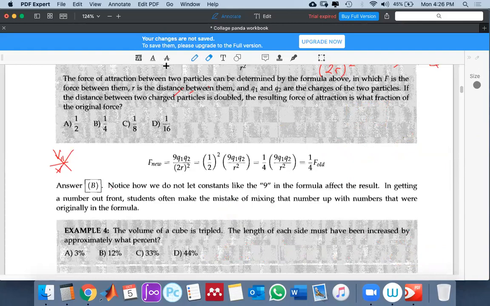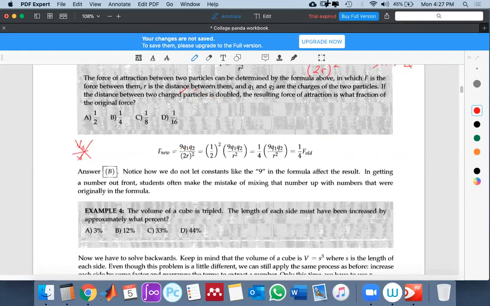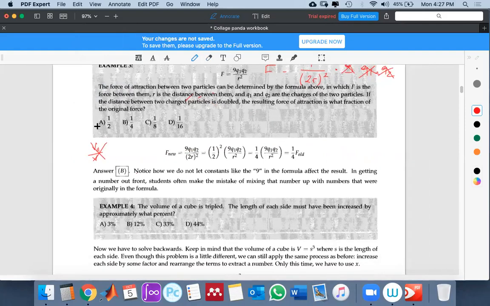Let me use algebra. First case volume is V, second case volume is 3V, and the volume is normally A times A times A. And now this will be 3 times A cubed.